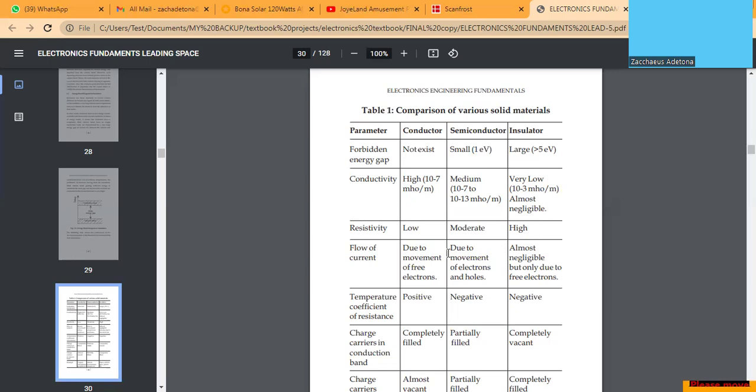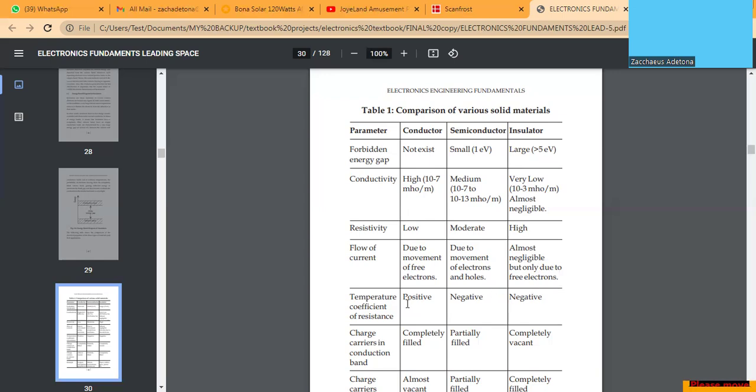Flow of current. Flow of current in a conductor is due to movement of free electrons. In a semiconductor, we have free electrons and holes that constitute the flow of current. In insulators, we have almost zero flow of electrons, almost negligible, but due to some minor free electrons, there can be a little flow of current in insulators depending on the circumstances.